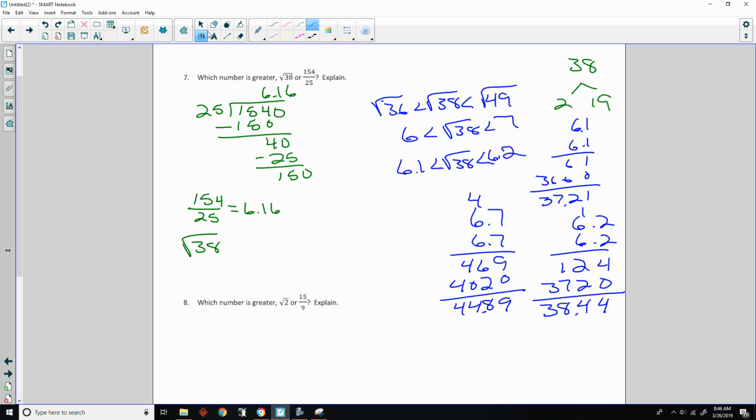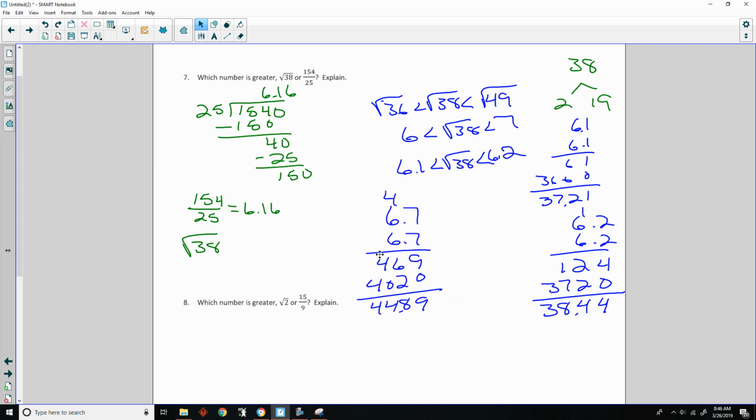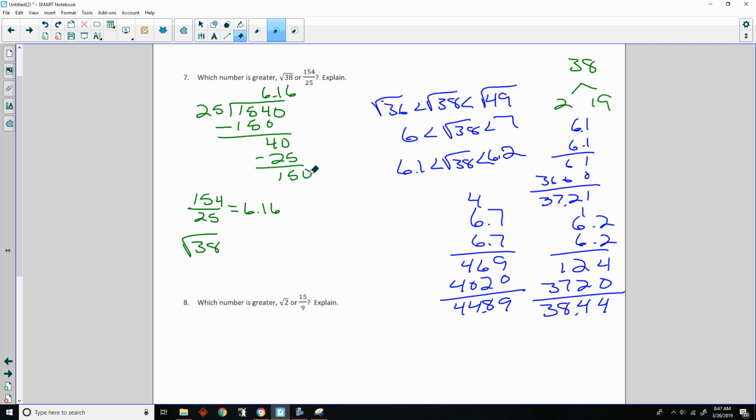Okay, and then I'll do 6.8. Let me just put them side by side and change colors. So 44.89 is more than 38. So I don't want to do 6.8. So let's put this back. So 44.89 is more than 38.